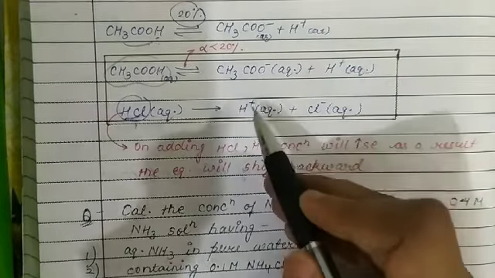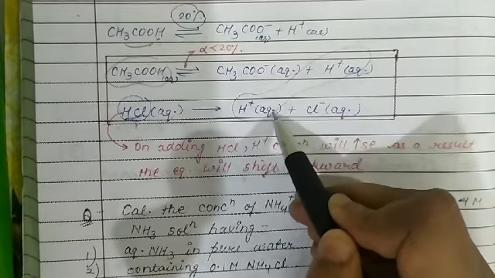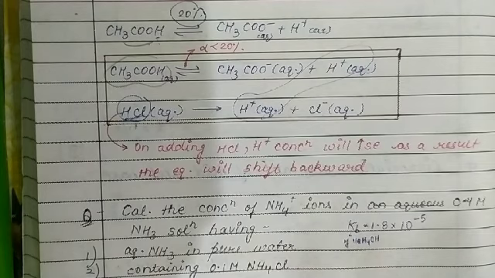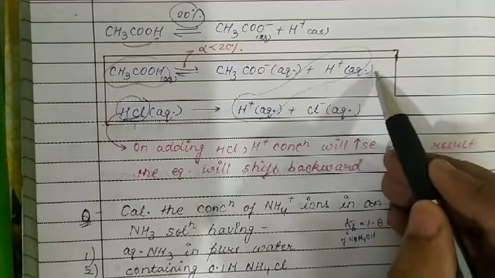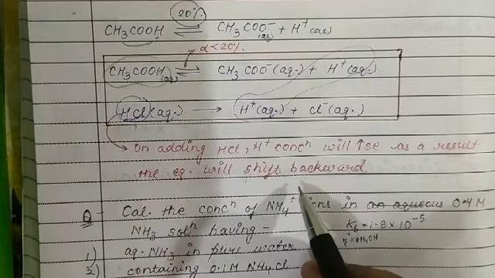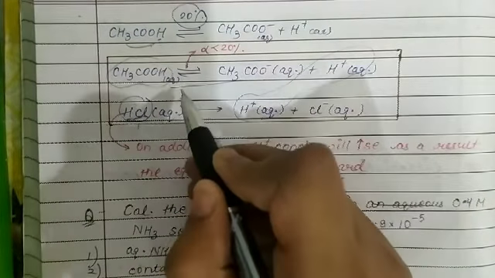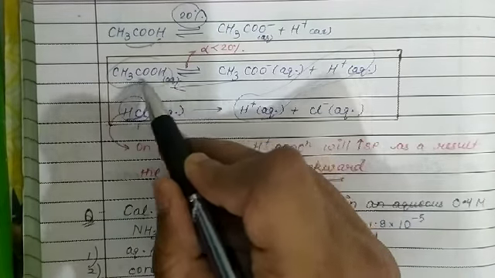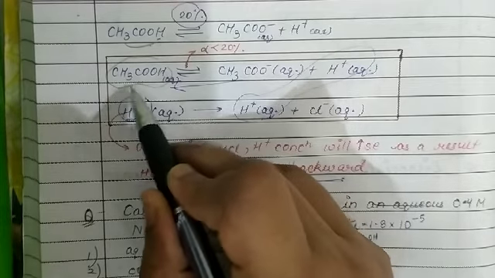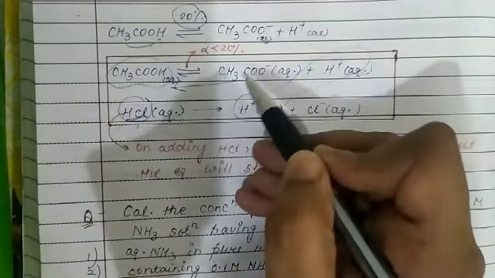The concentration of H plus on the product side increases, and we know when the concentration of product increases, the reaction will shift in the backward direction. When the reaction shifts backward, it means formation of CH3COOH occurs, so the dissociation of CH3COOH will decrease.